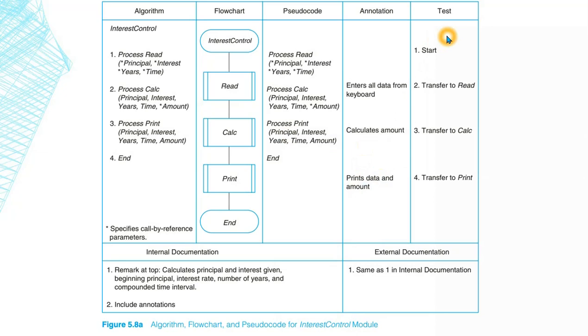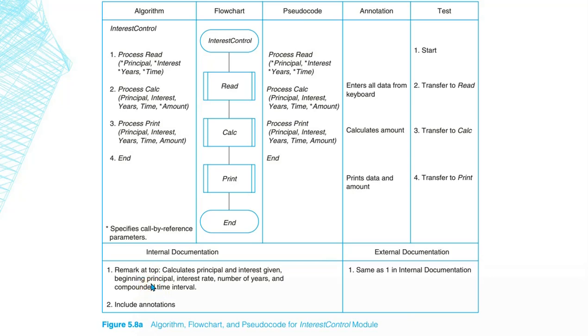Okay. The test here, we start transfer to read, then we go to read model, then transfer to calculate, then it will have to go after finishing the read, then it will go to the calculate module, then transfer to the print model. Okay, we have here internal documentation. If you remember, it's something you write inside the code.